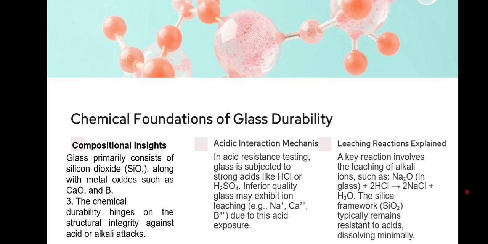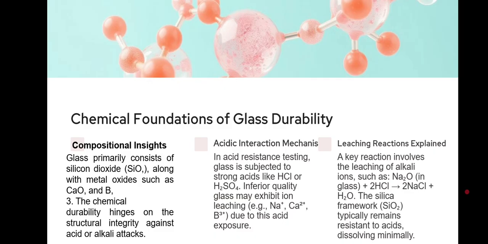Chemical foundations of glass durability. To understand why this test is important, let's first talk about the chemical structure of glass. Most commercial glass is based on silicon dioxide, SiO2. It also contains other metal oxides like sodium oxide, calcium oxide, and boron oxide.